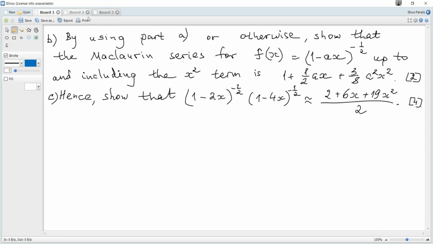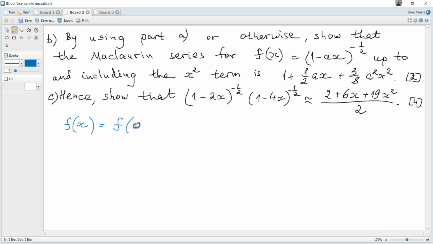And the next question: by using part A or otherwise, show that the Maclaurin series for f of x, which is 1 minus ax to the power negative a half, up to and including the x squared term, is this. So just using a formula for the Maclaurin series, it says that f of x is what?